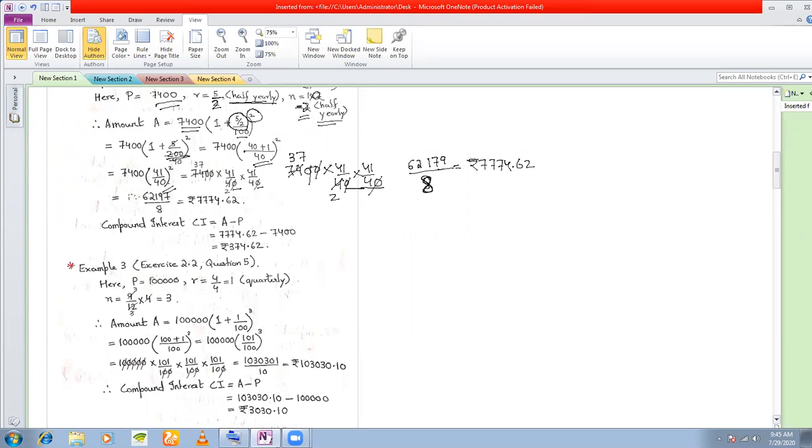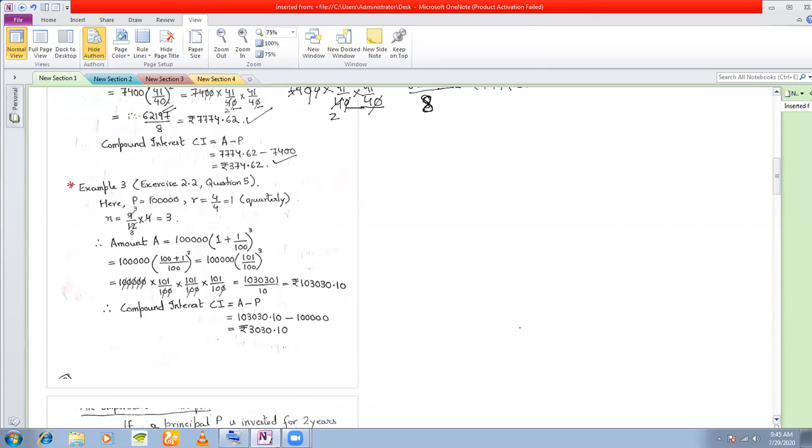So I can cancel the zeros also, but if you leave the zeros there, no problem, still you can divide. The amount of work that you have to do in both cases is the same. Now once I have calculated the amount, I calculate the compound interest by subtracting principal from the amount.